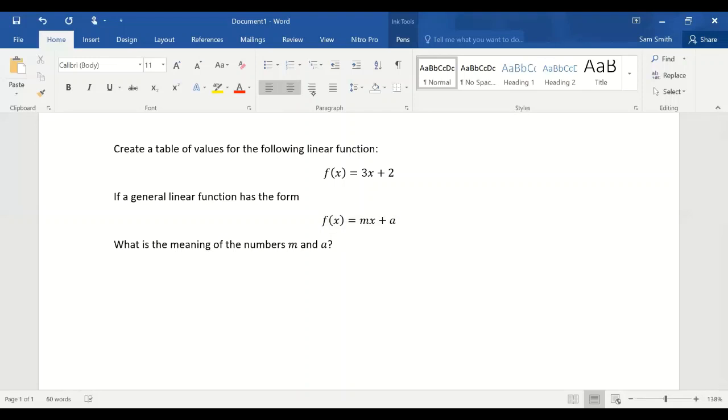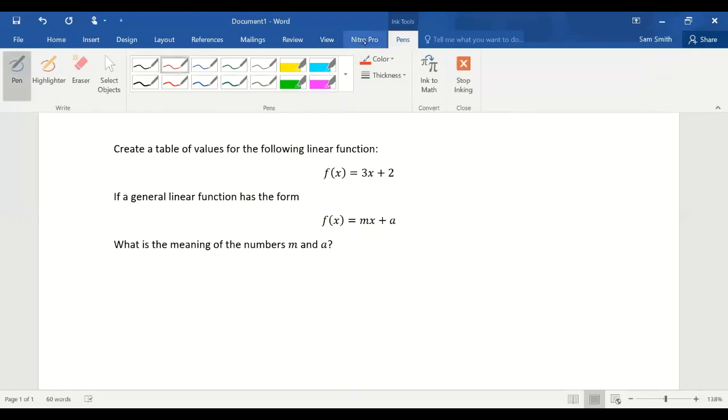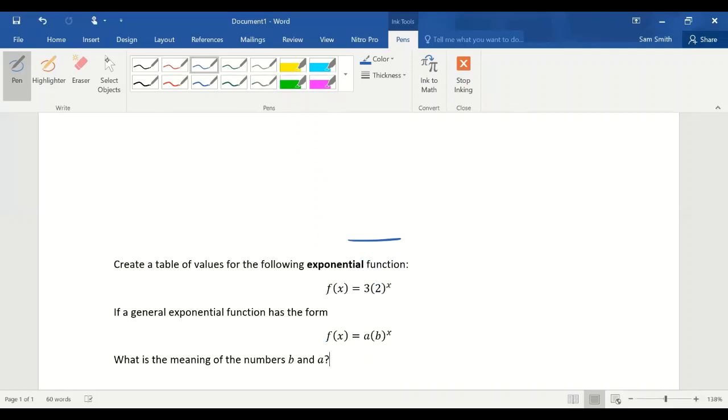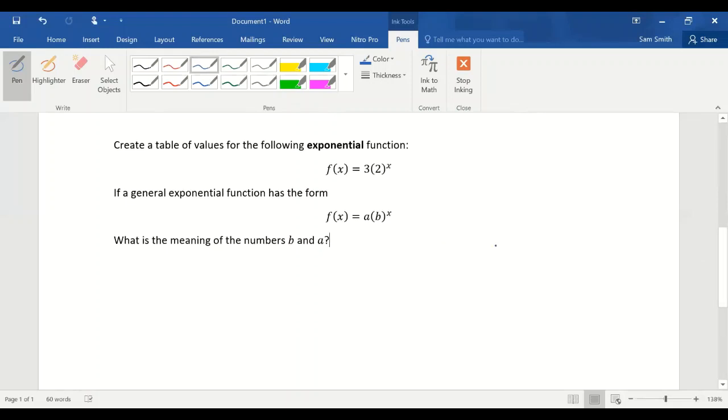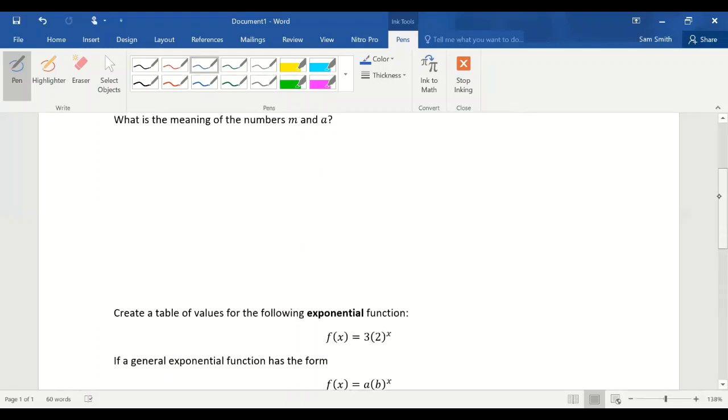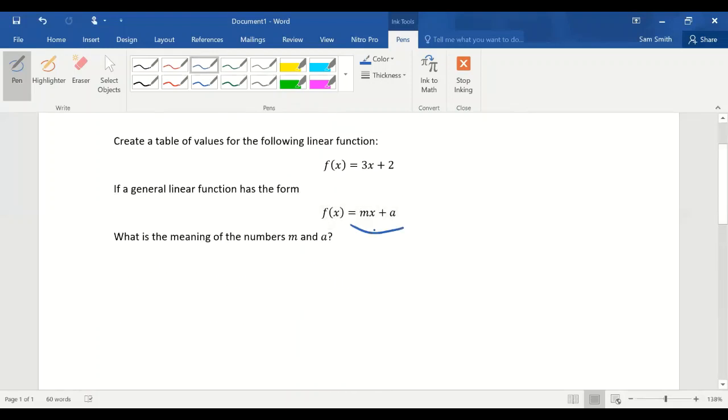Now, the generic form for a linear function is mx plus what I'm calling a. I know that you may be used to mx plus b, but there is a reason that I want to use a different letter this time for the added quantity in the back. So I would like to call this form number times x plus number, mx plus a.